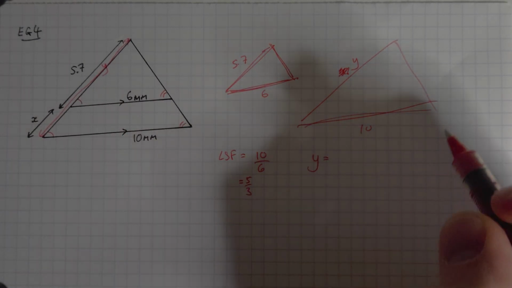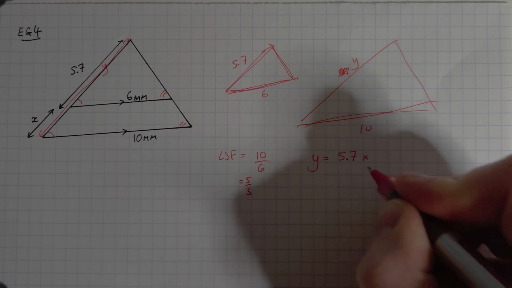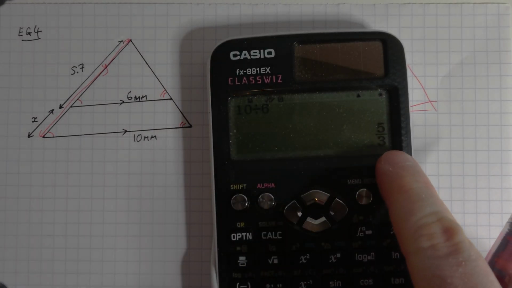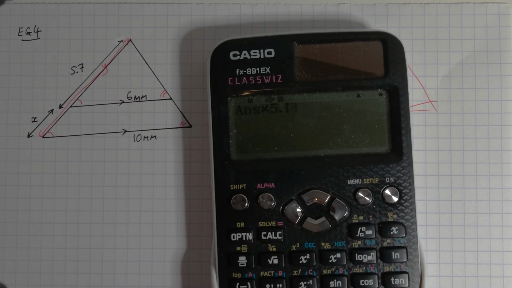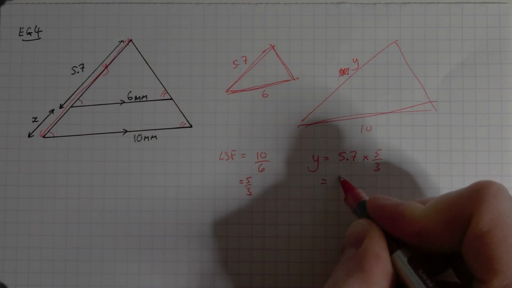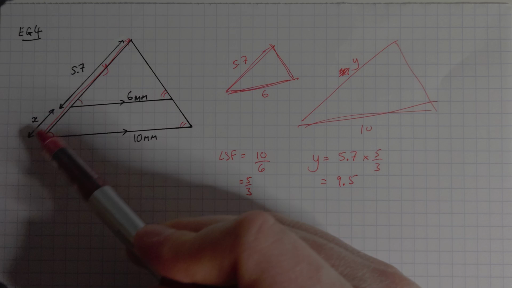Okay, well, to get y then, that's on the big triangle, so I need to do 5.7 multiplied by 5/3. So I've still got the 5/3 on the screen, so I'll multiply that by 5.7. It comes out as 9.5. So I get 9.5 as the whole length. Well, x is just this little bit.